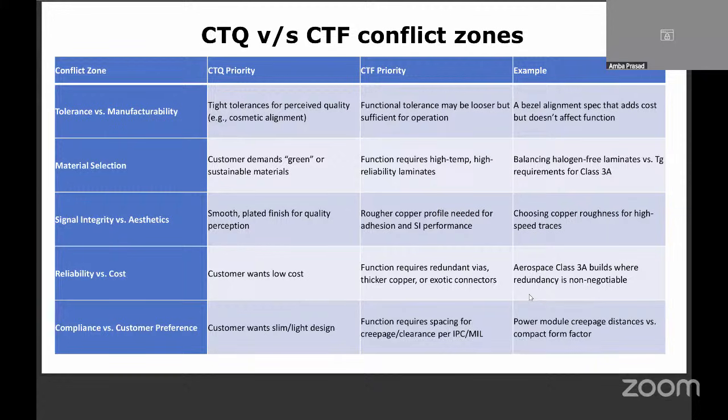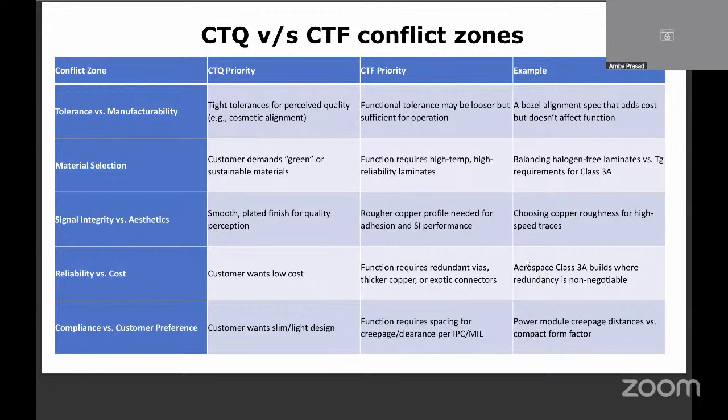Then there is a quality priority. There is a CTF priority. An example is bezel alignment as far as the socket is concerned, and material selection. A customer demands a particular material, and the PCB fabricator may say they are happy with some other material.